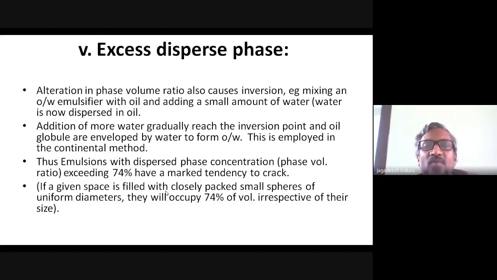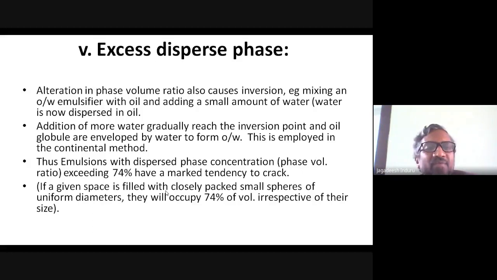So say for example, mixing an oil in water emulsifier with oil. Oil is present in the dispersed phase, and again you are mixing in more oil and adding a small amount of water. So when you add more dispersed phase, what will happen?